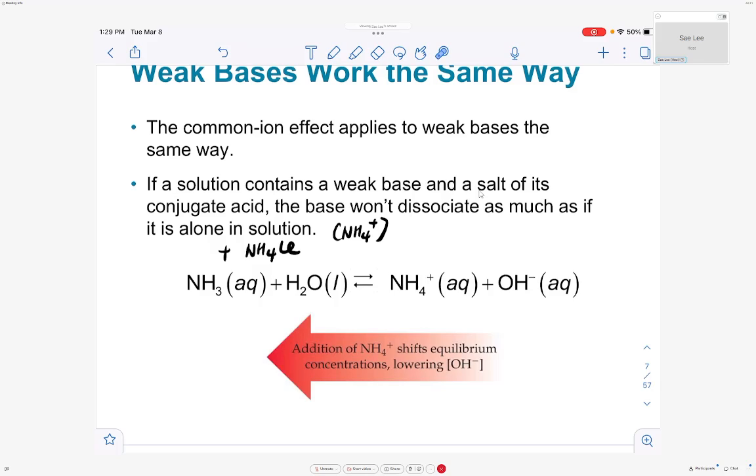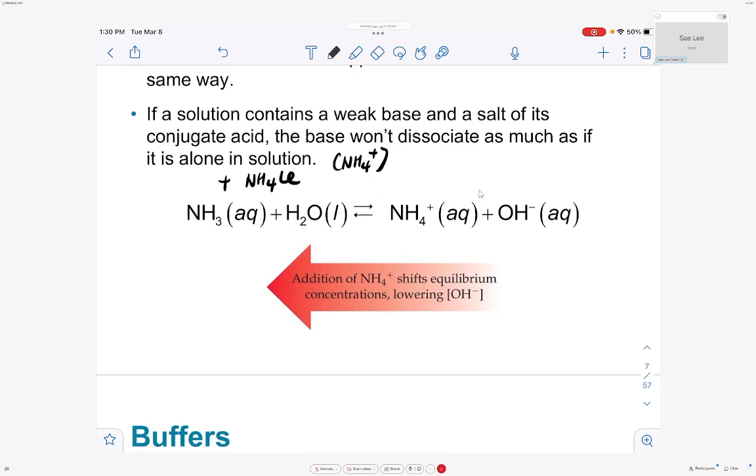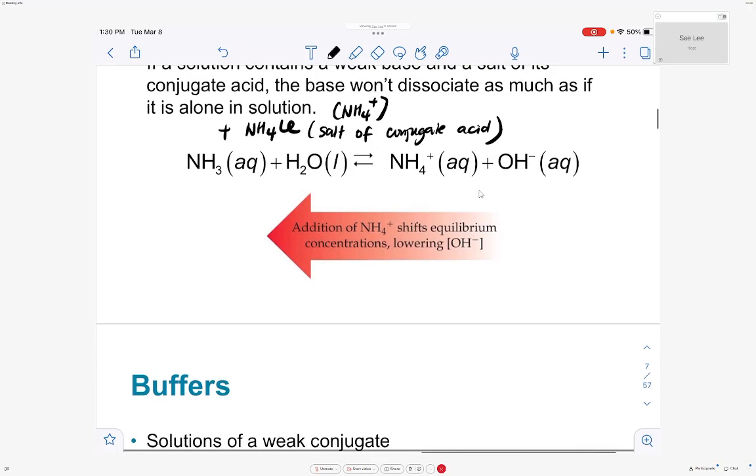In this case, instead of decreasing the proton concentration, what happens here is that the hydroxide concentration will be lower compared to when ammonia is dissociating by itself. This is the salt of its conjugate acid, lowering the hydroxide concentration.